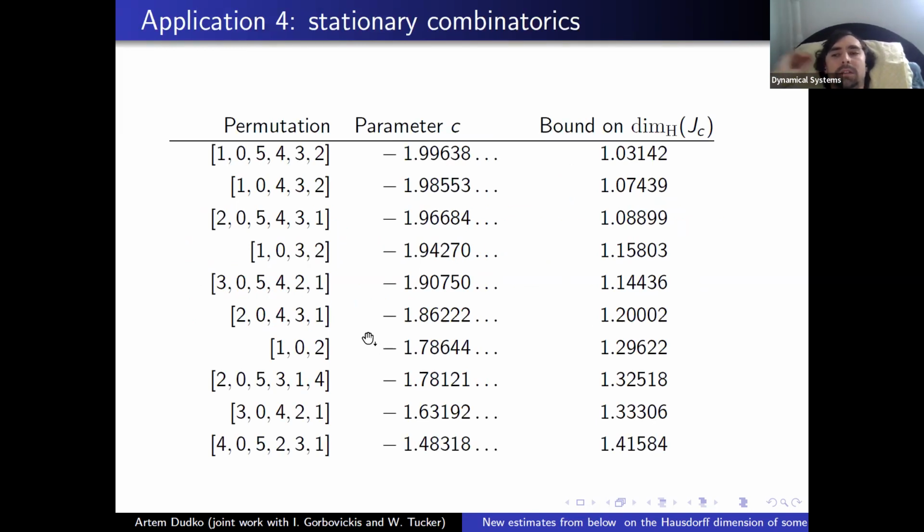So the fourth application of our result, we also calculated lower bounds on the Hausdorff dimension of several periodic point of renormalization. So here in this table, you see several permutations of period up to 6.